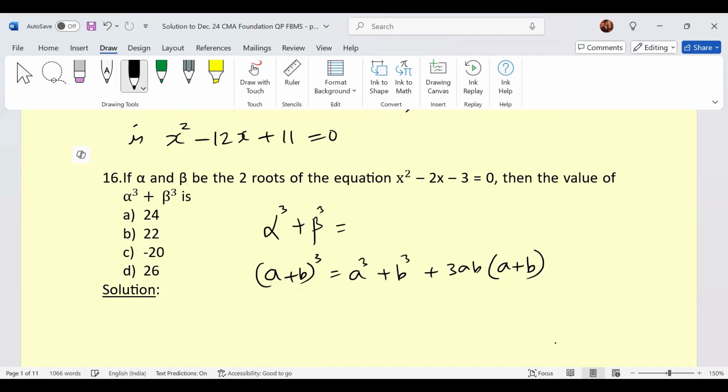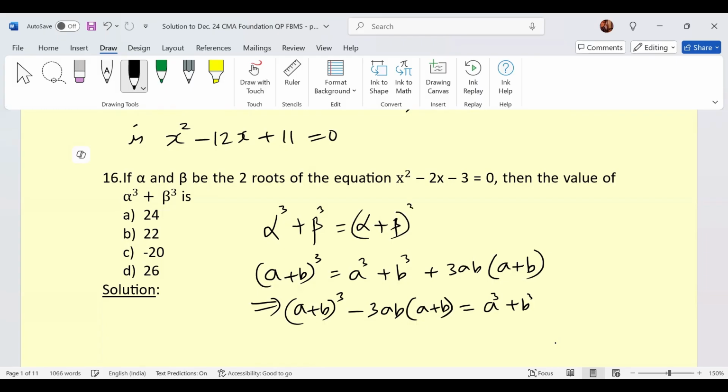So based on that, we can rewrite this as a plus b the whole cube minus 3ab times a plus b is equal to a cube plus b cube. That means I can write alpha cube plus beta cube as alpha plus beta the whole cube minus 3 alpha beta into alpha plus beta.